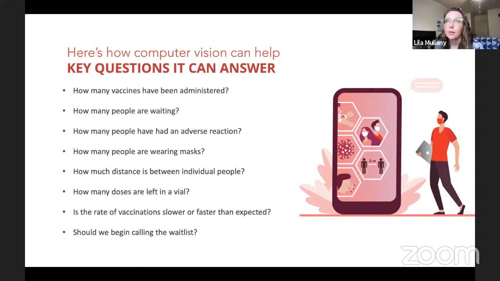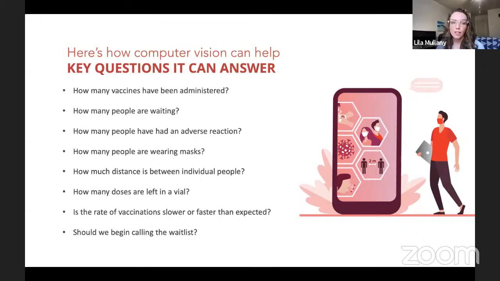So whenever I develop an application, my first pass is to think about the question that I'm trying to answer with that application, specifically the questions that can be answered with computer vision. As Manu described, some of the really specific questions are, should I call my backup list?